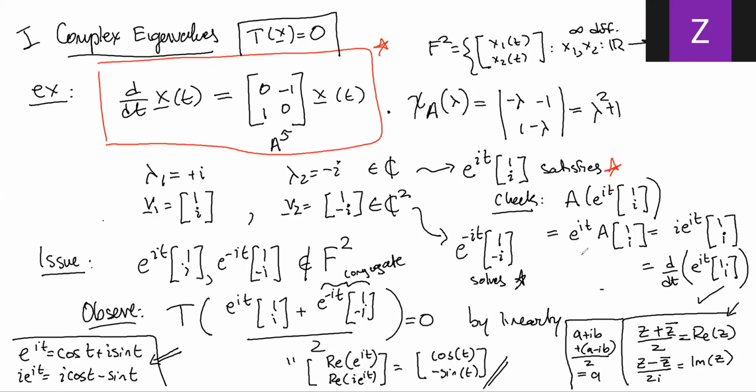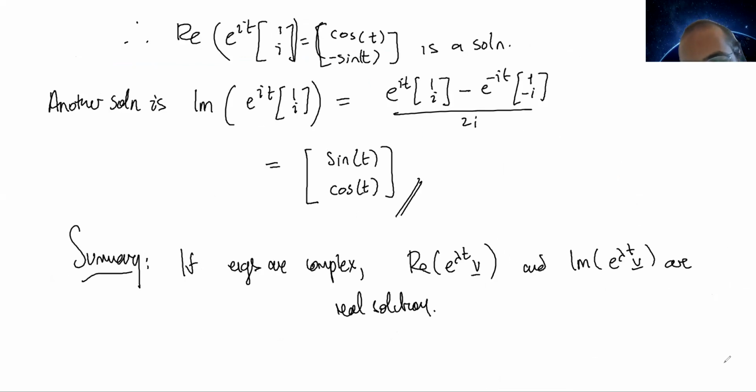Can I ask another question? Yes. So when you add e to the it times (1, i) plus e to the minus it times (1, minus i), I don't think here you can cancel out the i's, because there is an e to the it.